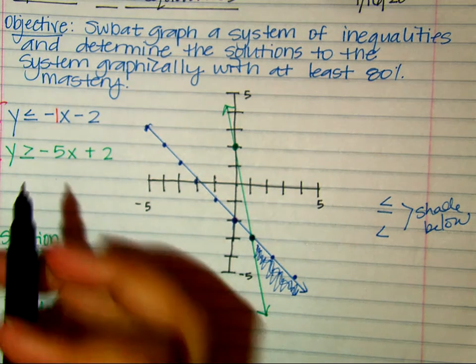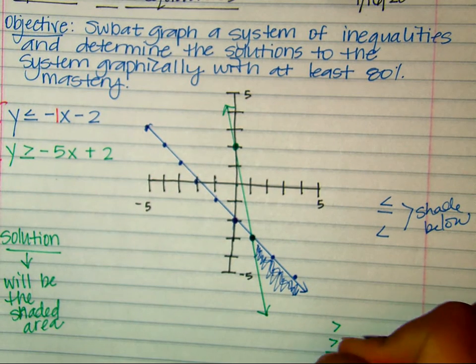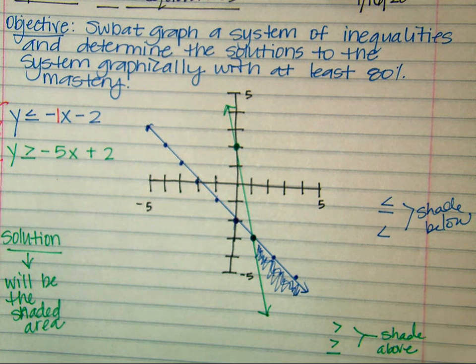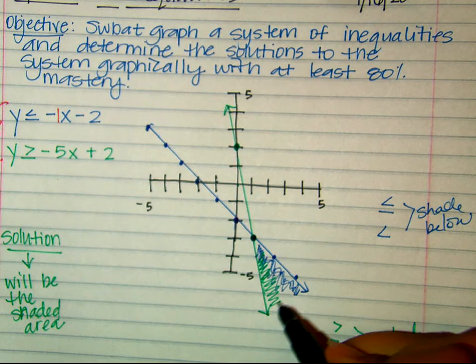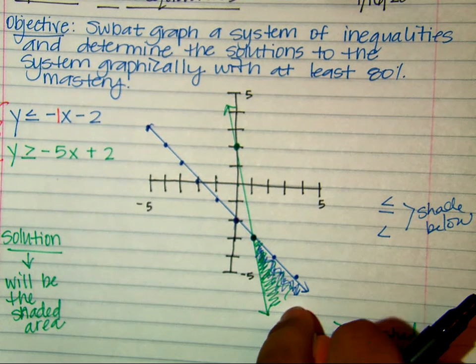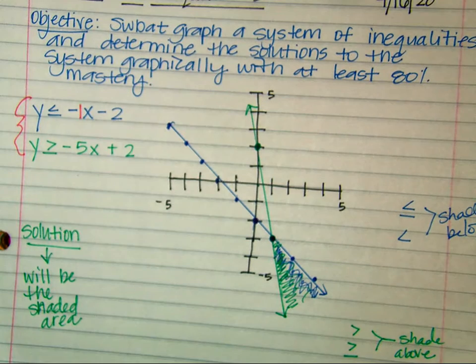And then for the green line, when you have greater than or greater than or equal to, that means we're going to shade above the line. So now I'm going to shade above the green line. So this area right here is where all of the solution points for this system of inequalities would lie.